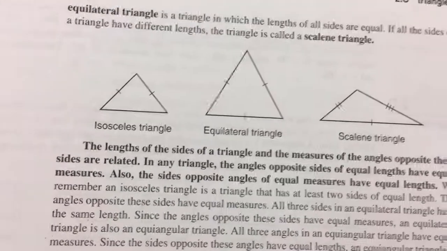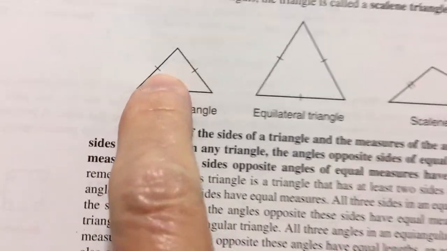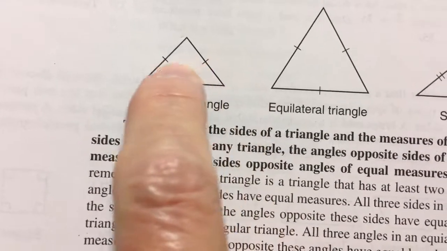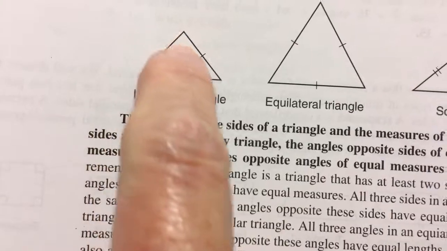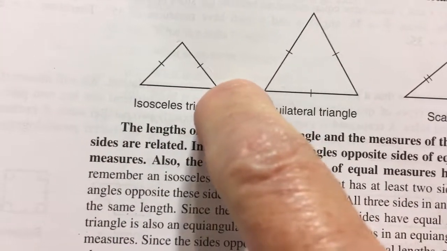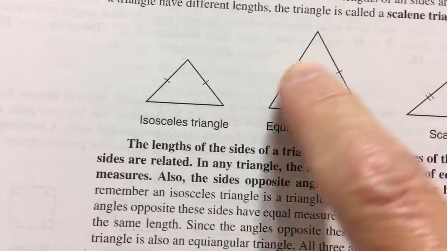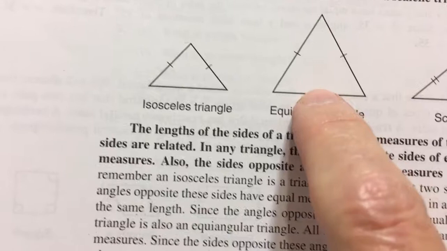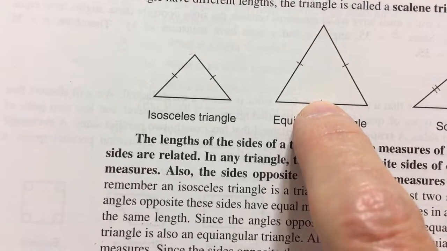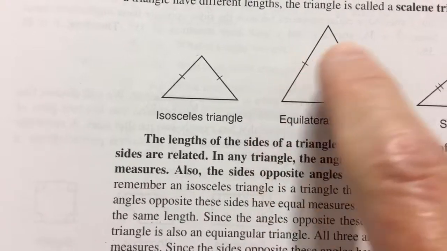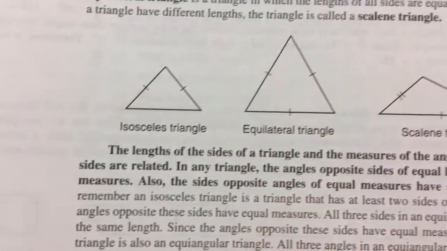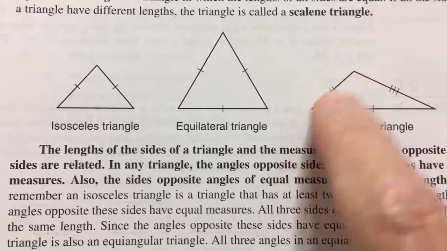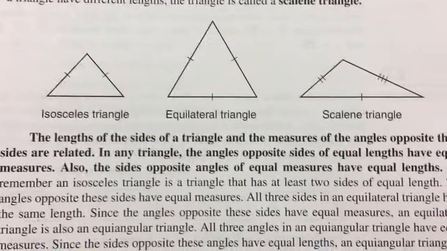So what they're saying is, because we have these two sides that are equal, the angles that are opposite, so that angle and this angle, will also be equal in measure. Because we have three equal sides in this one, the angles opposite each side will also be equal. And since there are three equal sides, there will be three equal angles. Since this one has no sides that are equal, all of the angles will be different as well.